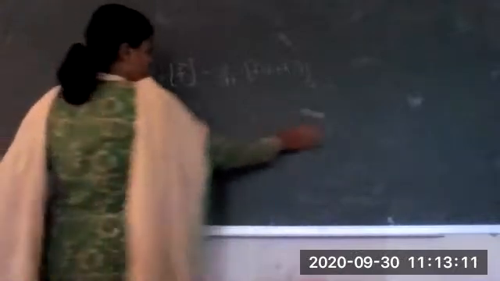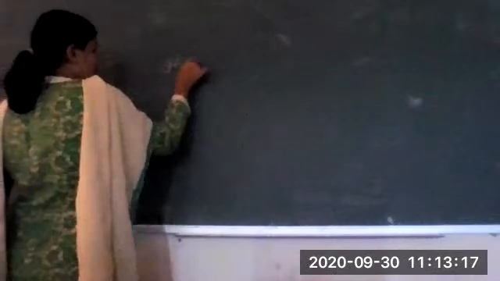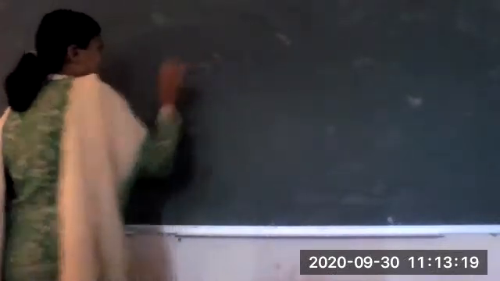So now we have to define a differential form. What is a differential form? We denote this as df, and we apply it on a tangent vector Vp.